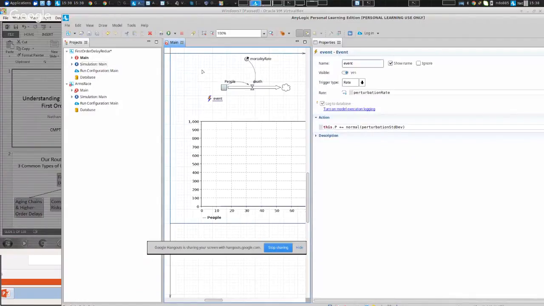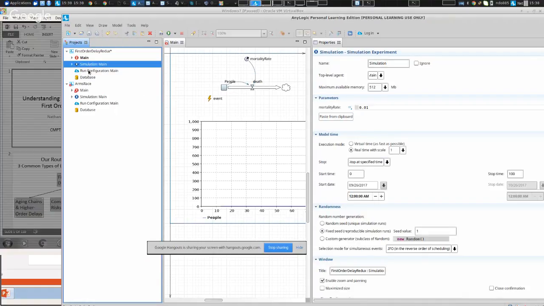So start up your AnyLogics. What I'm going to do is go create a new model. And the model that we create is going to be a first order delay, much like this one, except there's only going to be one flow into it, okay?